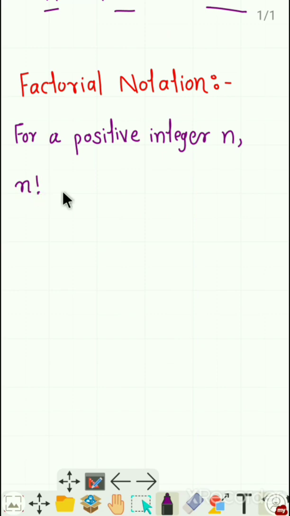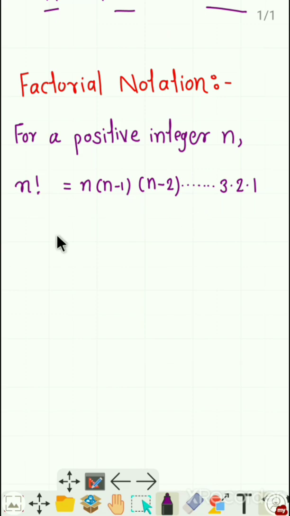The value of n factorial is given by n into (n minus 1) into (n minus 2) into dot dot dot. We decrease the number n by 1 down to 3, 2, 1 and take the product of all these numbers. So n factorial is nothing but this product.